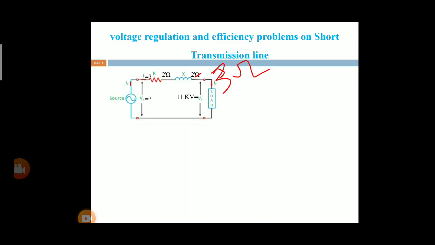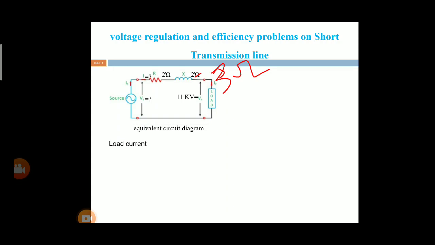Next we find out the sending end voltage and sending end current. This is the equivalent circuit diagram of a short transmission line.